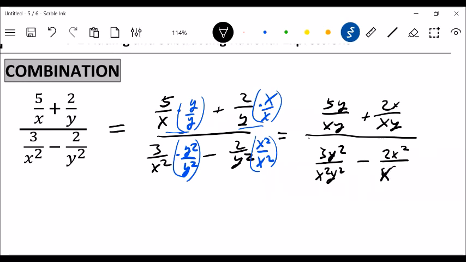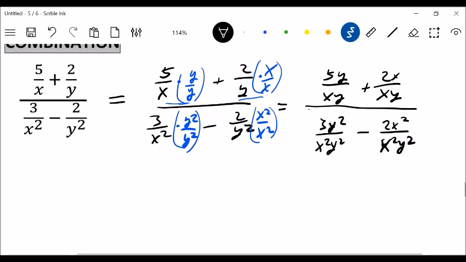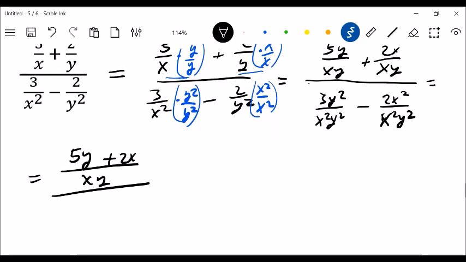So my next step with it is to put these together. On the top one, it's 5y plus 2x over that xy. And on the bottom, it's 3y squared minus 2x squared over x squared y squared.